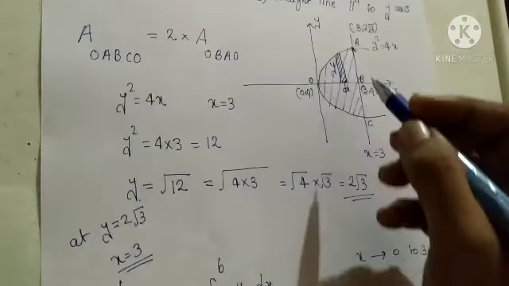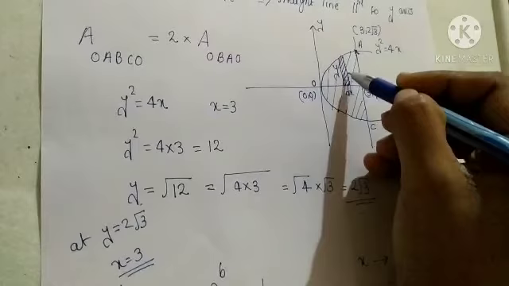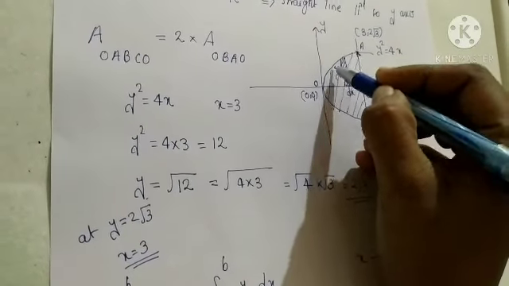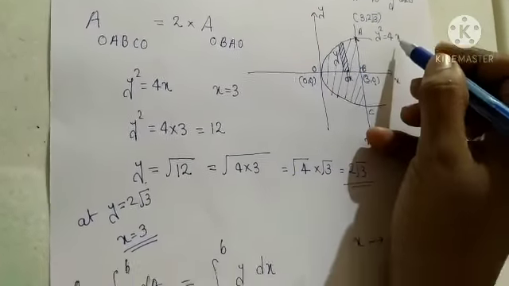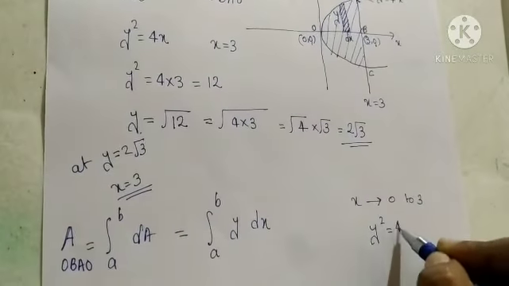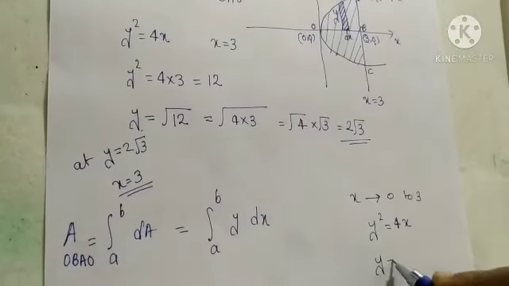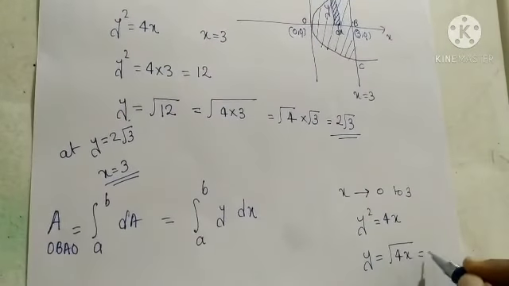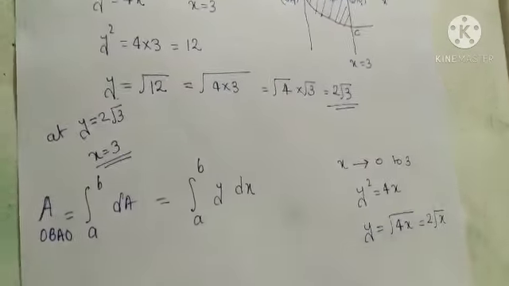Our vertical strip touches only our curve y square equal to 4x. So from this, y equal to root of 4x, or it can be written as 2 root x.